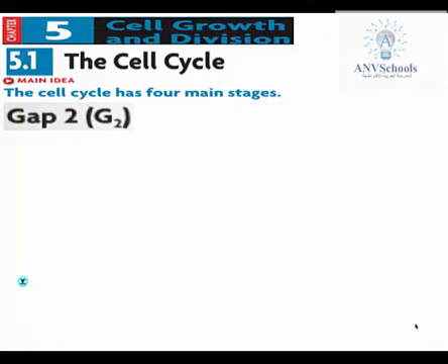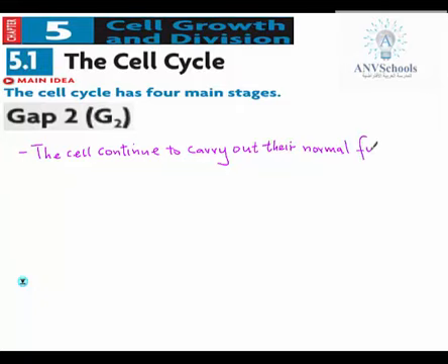In gap 2, or G2, which is the third stage of the cell cycle, the cell continues to carry out its normal functions.